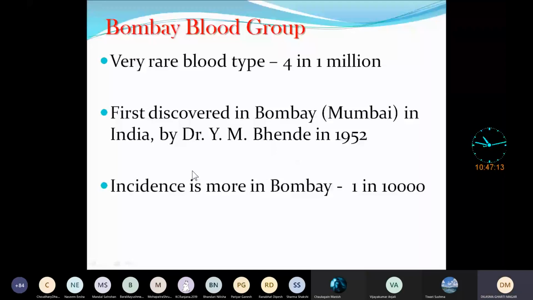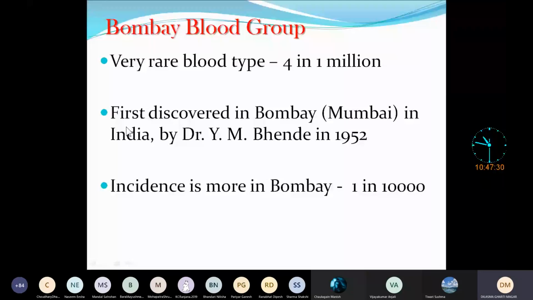Though, as the name tells, Bombay blood group, in case of India, in Mumbai, we find this Bombay blood group in 1 in 10,000 people. It means that it's more there. So it's a rare blood group in the world.